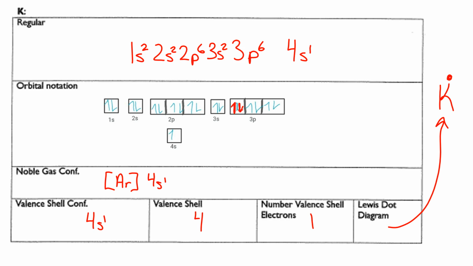So if you want to represent an orbital notation by showing it kind of like a noble gas, if I wanted to show this one like that, I could just show it like that.